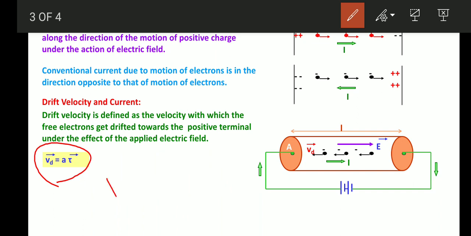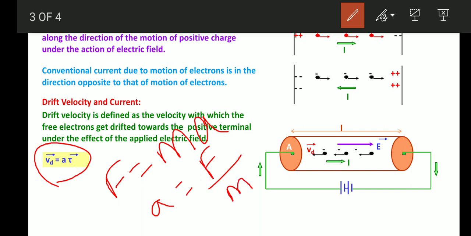From Newton's second law, F is equal to ma. Then what is the value of a? a is equal to F by m, where m is the mass of the electron and F is the force on an electron due to the external electric field. We studied that the force due to the electric field is eE, so a is equal to eE divided by m.